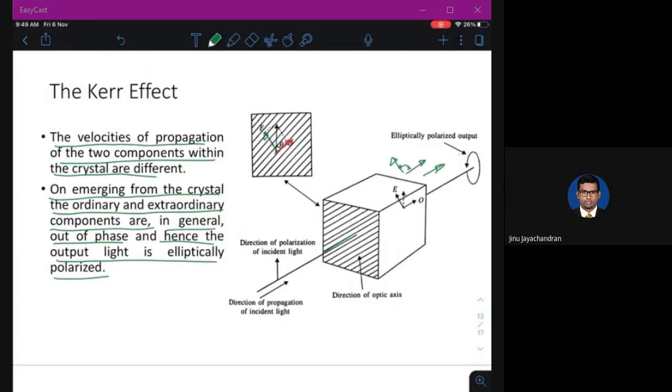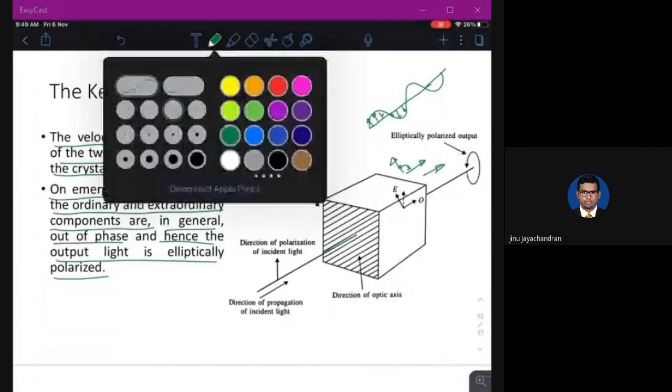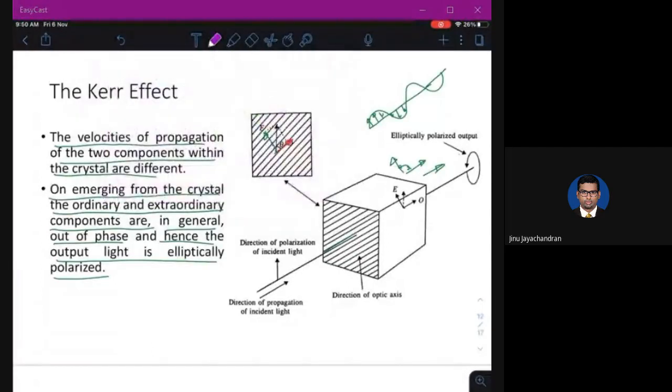Okay, so if it is something like this, the electric field, the parallel component will have some phase like this, and the perpendicular component will be of some other phase. For example, something like this.